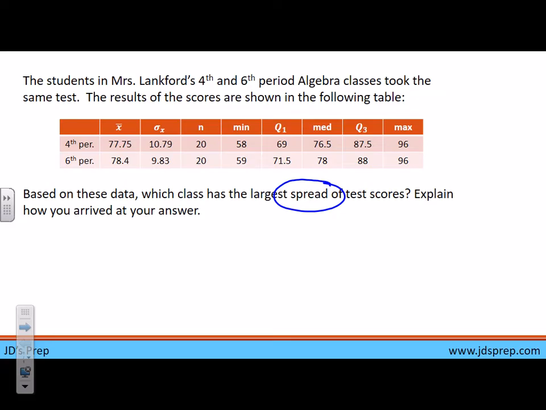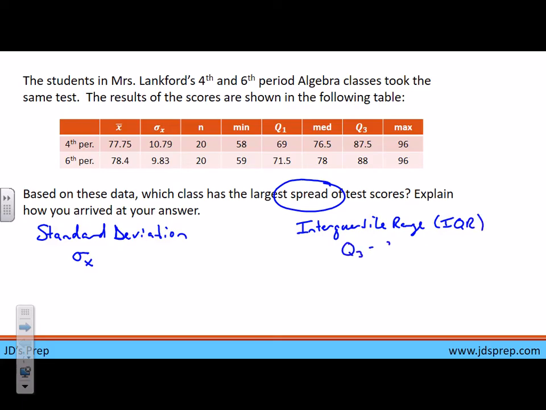You can either use the standard deviation, which is represented in the table by the symbol sigma x, or you can use the interquartile range, or IQR, which is Q3 minus Q1. Either one of these two can be used to discuss the spread of the test scores.